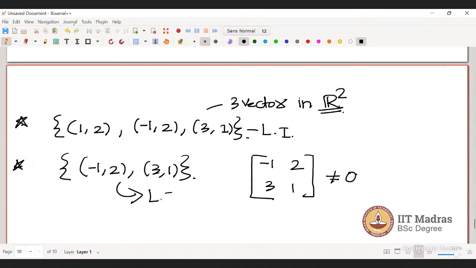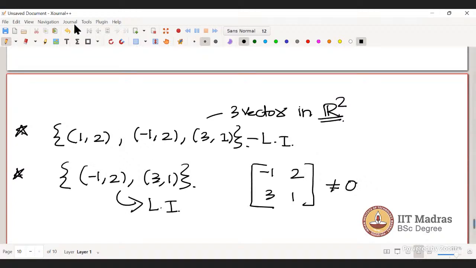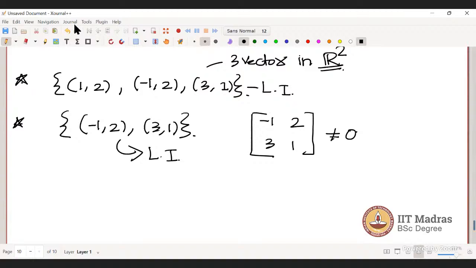From here you can say the span of this set is R square, because the dimension is 2, and a set of two linearly independent vectors automatically becomes a basis.